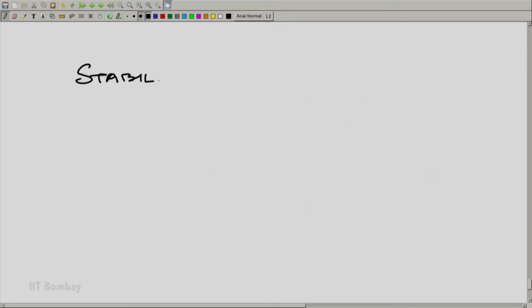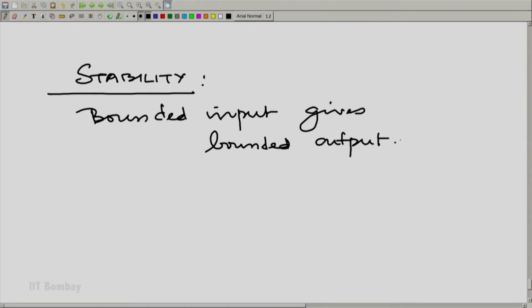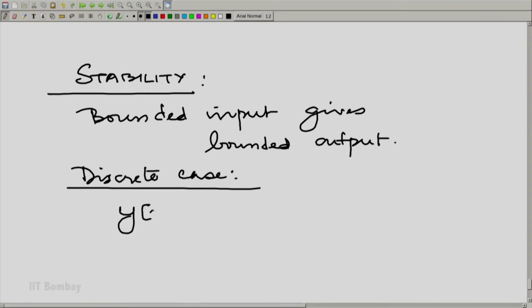Now, you see, what does stability mean? Let us look at the definition of stability first. Stability means a bounded input gives a bounded output. So, let us look at the discrete case first. As usual, that is easier to handle.